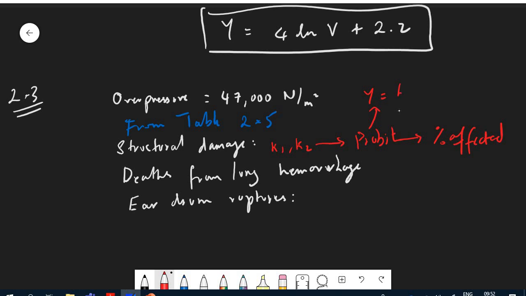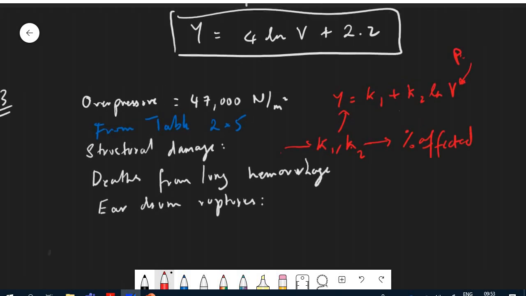The probit is equal to K1 plus K2 ln V. So if I know the percentage affected, I can know the probit, and the other way around, I would know what K1 and K2 are. And in this case, I don't have a dosage. The variable which is changing is pressure. So here it is pressure. Sorry for that.